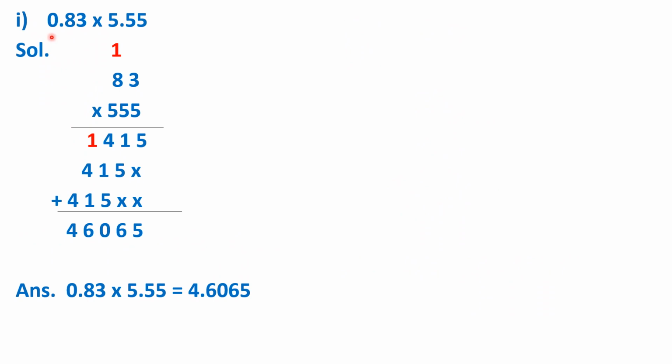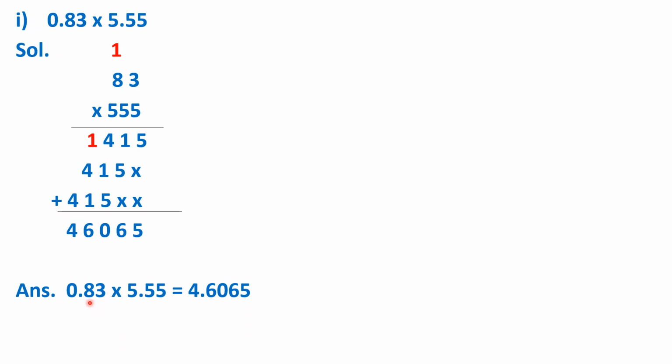Next question is 0.83 into 5.55. Again we will remove the decimal. So the number will be 83 into 555, and when we are multiplying both the numbers we are getting 46,065. Now we will count the number of digits towards the right hand side of the decimal point in both the numbers.